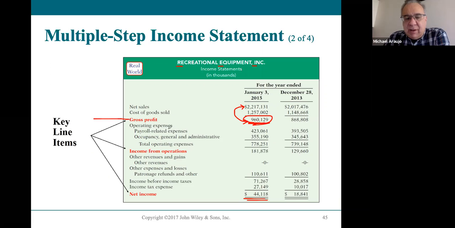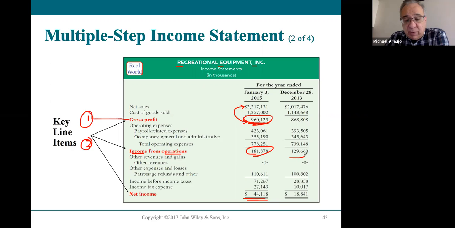So what we have here is the gross profit is that first thing that's listed here. The second thing that's very unique about the multi-step income statement is it'll actually give you the profit from operating the business. And for REI, just by operating the stores, they had a profit of 181 million 878 thousand dollars, almost $182 million from profits from running the store.